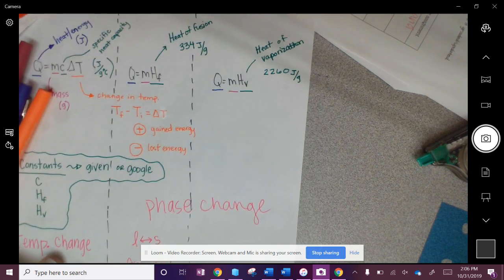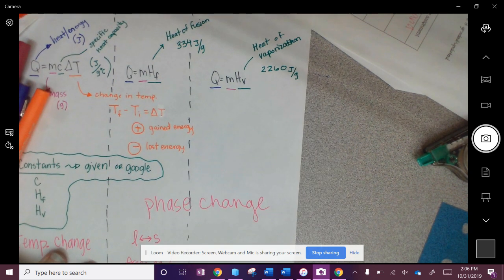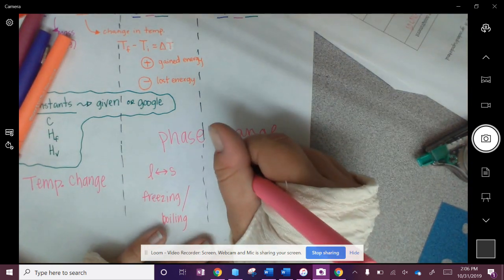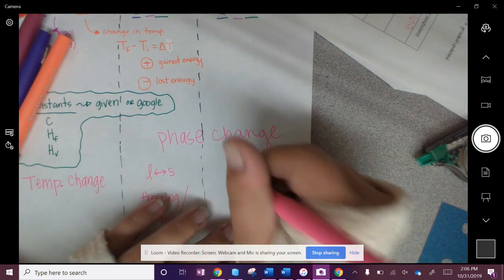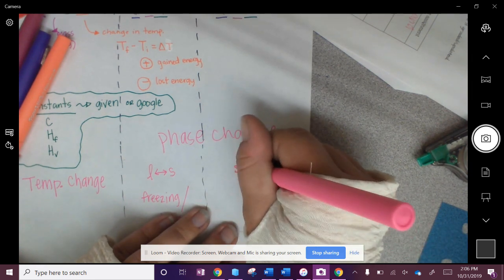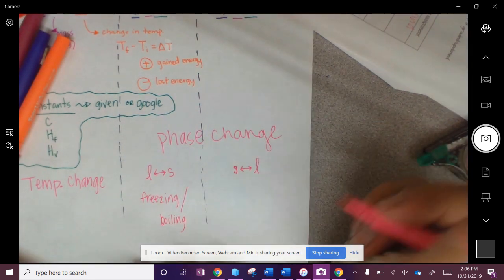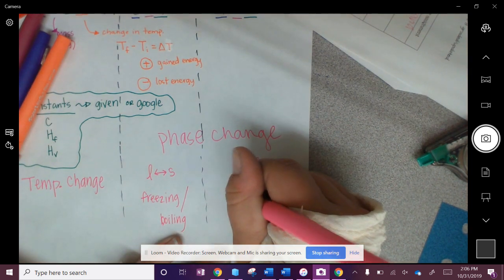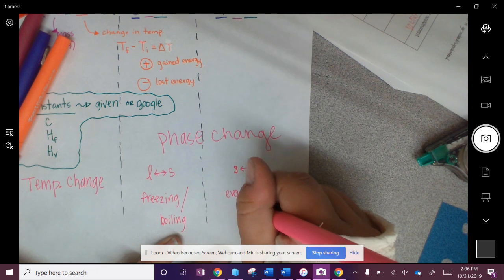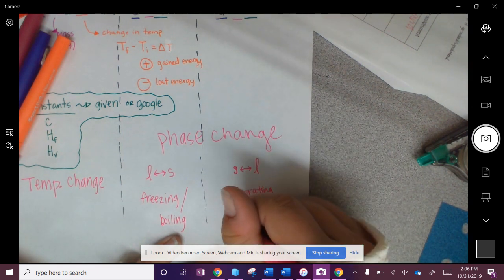And then this one, Q equals MHV, that's going to be the phase change that's at the higher temperatures. That's going to be going from a gas to a liquid, or vice versa. And we call that evaporating or condensing.